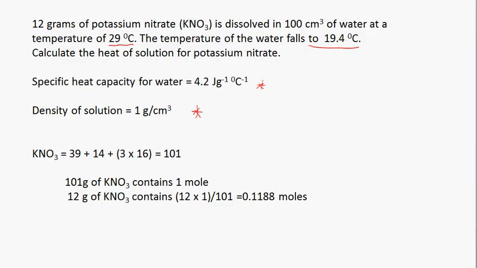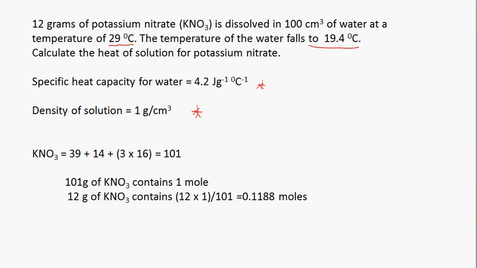Now the first thing we need to do is to find the molar mass of potassium nitrate, and basically we get this information from the periodic table. Potassium, the mass number is 39, nitrogen, the mass number is 14, and oxygen, the mass number is 16.